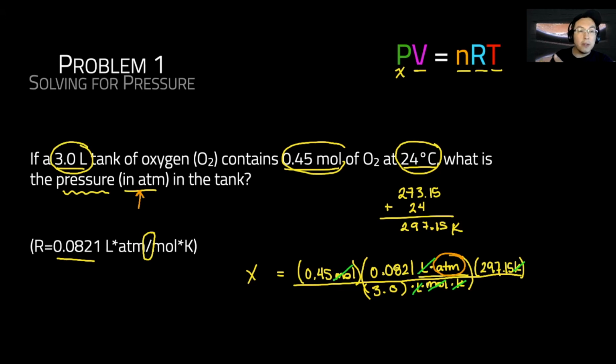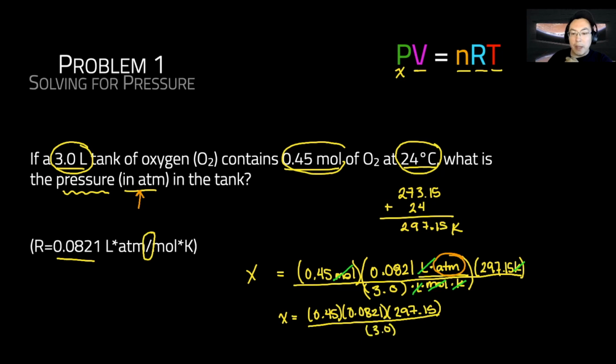Now, what's the other thing that we have left? Only the numbers. So we can rewrite this as x equals 0.45 times 0.0821 times 297.15, and then all of this is divided by 3.0, which is the same as 3.